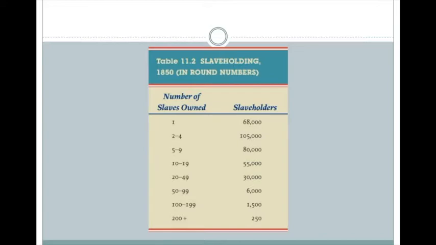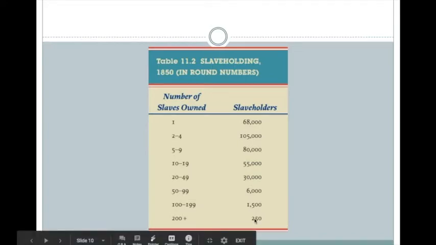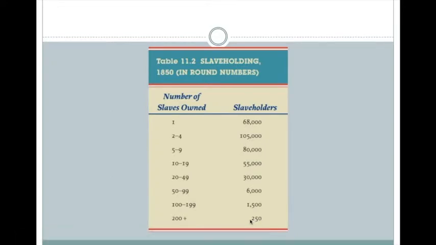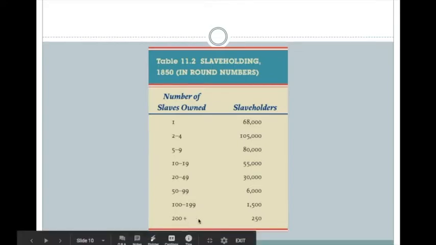And just to give you a few statistics, in 1850, the majority of slaveholding families owned 5 or fewer slaves. Fewer than 2,000 families owned 100 slaves or more. So the ownership of slaves provided the route to wealth, status, and influence in the South, particularly for those who owned 200 plus slaves.